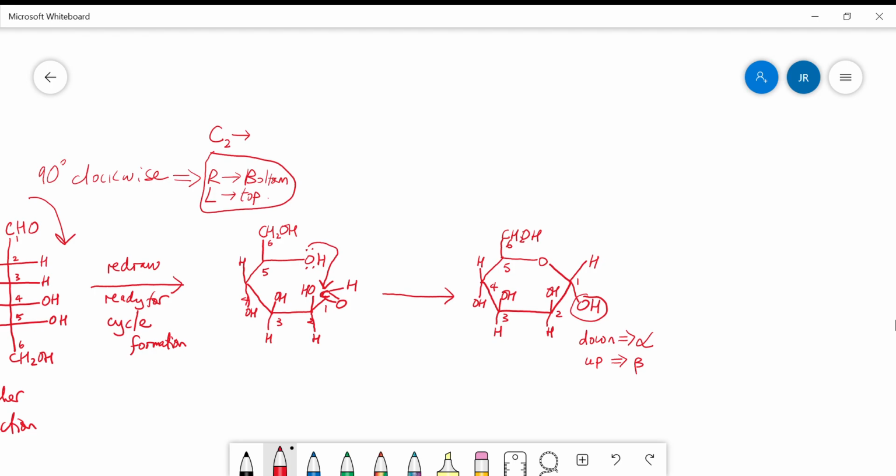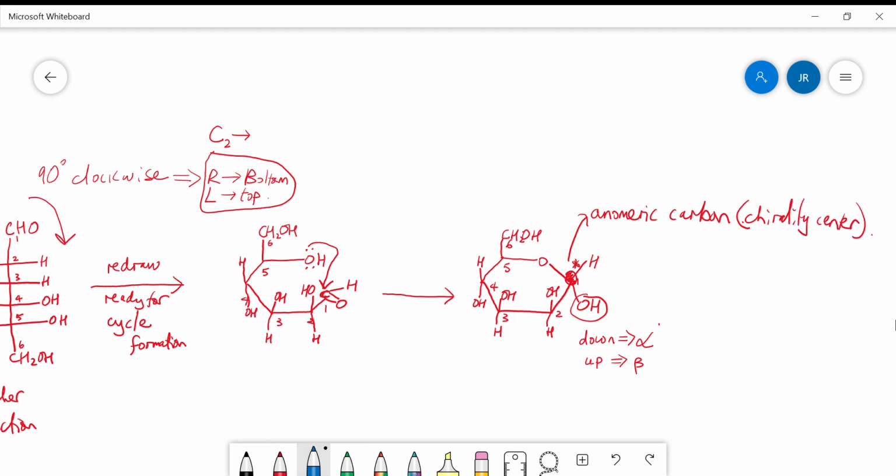First of all, this carbon here that I'm going to color in now is called the anomeric carbon. It's a chirality center. And I'll use blue.